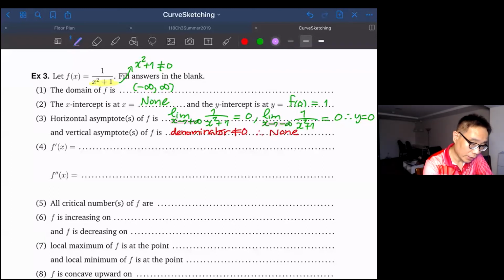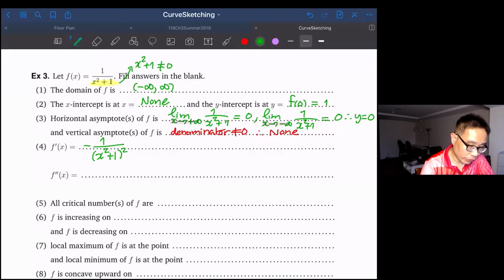Okay, so when you differentiate, you're just going to have negative 1 over u squared, and you're going to have to differentiate the inside.